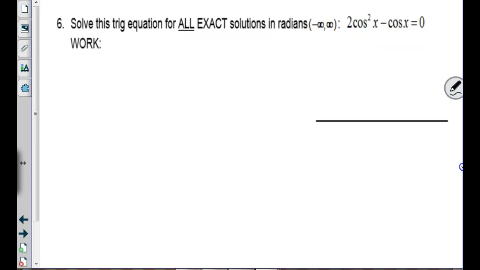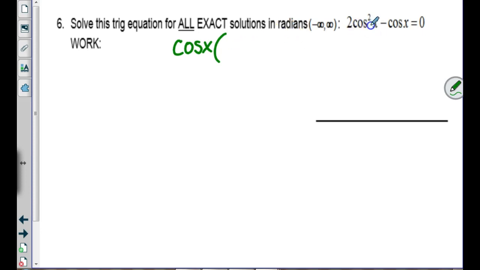Number 6, solve this trig equation for all exact solutions in radians. Okay. I told you they weren't basic ones like we did on Friday. Do you remember what we have to do to this one? Very good. If you take out a cosine, what will it say? Nope.